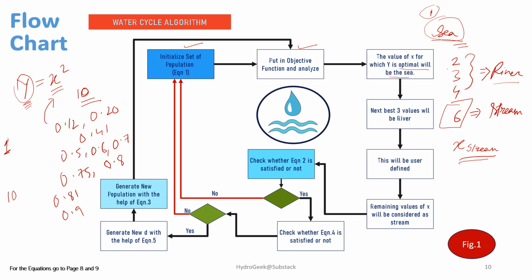Equation 4 will give you the maximum distance within which we have to take the values of x. Beyond this distance, the domain will be infeasible. So if this is your circle, this is your feasibility domain, or domain of feasibility, where you can take valid values of x.